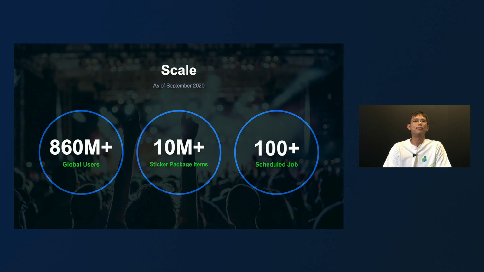To give you an idea of the scale, the number of active and inactive users are over 800 million globally. Number of items for the largest sticker package is over 10 million packages. And lastly, we run over 100 scheduled machine learning jobs.